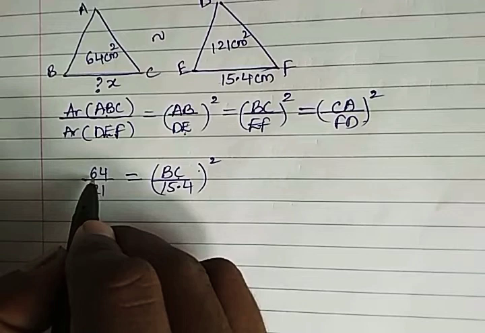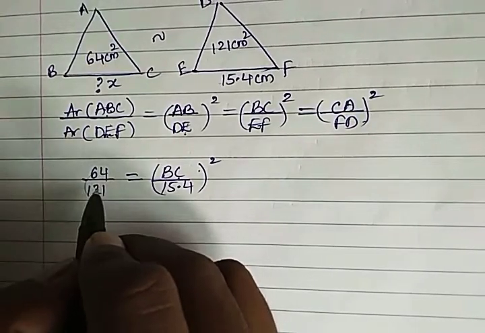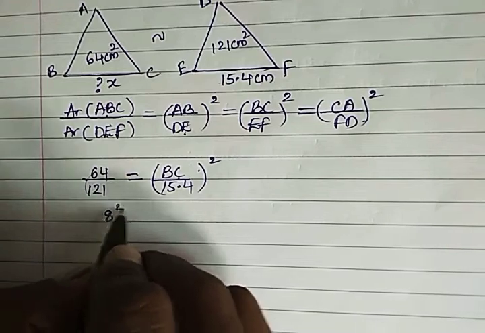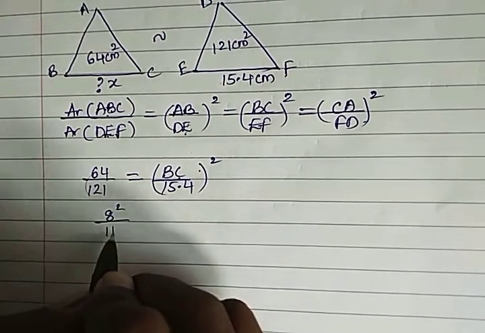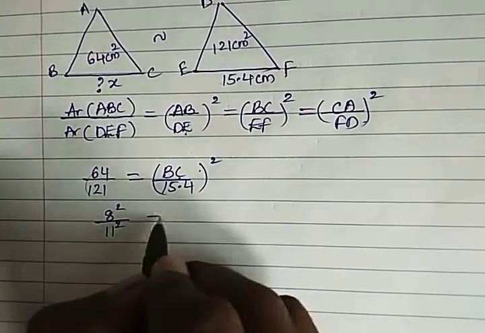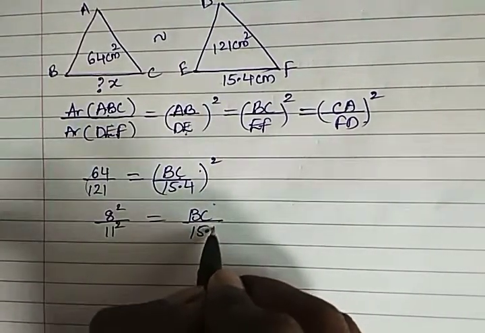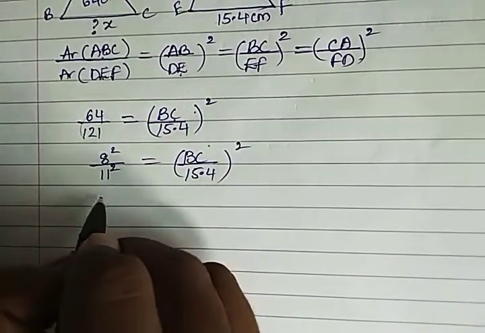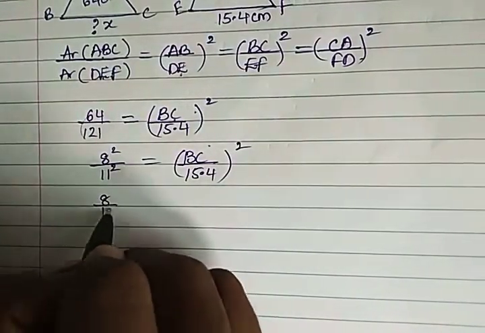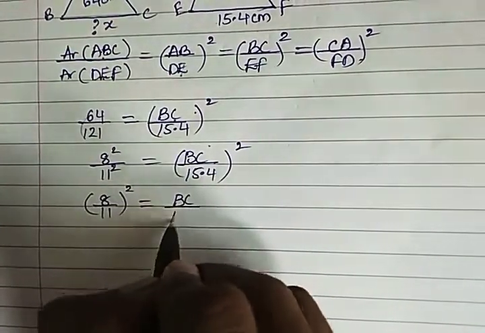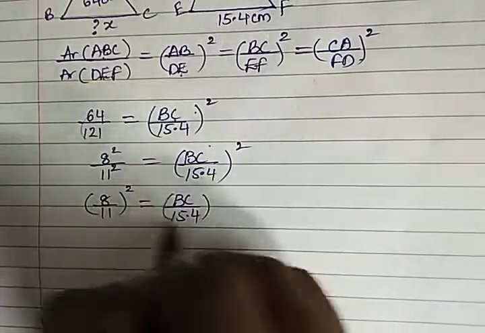Before that, let us represent these values in terms of squares. 64 can be written as 8 square, and 121 can be written as 11 square, which is equal to BC by 15.4 whole square. Then 8 by 11 whole square is equal to BC by 15.4 whole square.